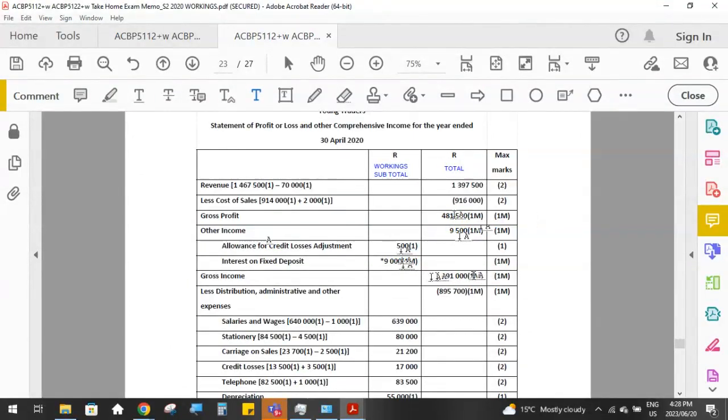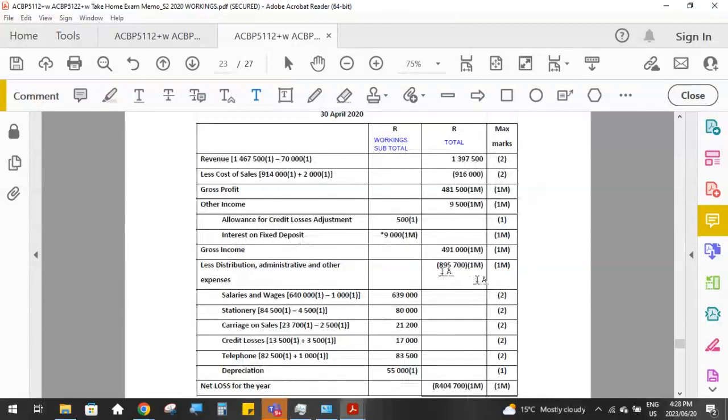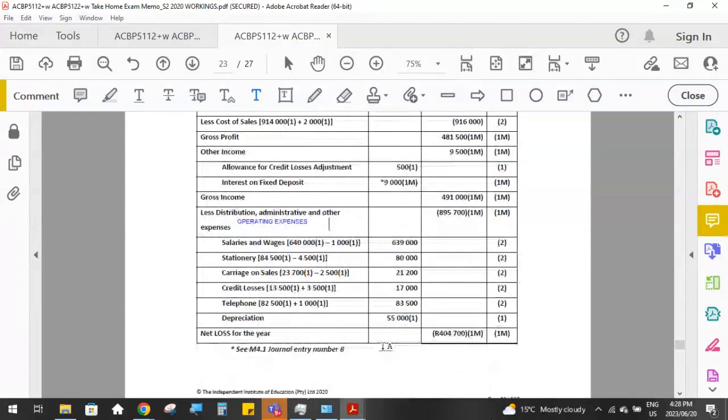Then when we're happy that we've dealt with all of the income accounts, underneath that we deduct all of our other expenses, which is probably just easier to call operating expenses. So less operating expenses, or less distribution, admin, and other expenses. Here we are going to total these amounts in our workings column.